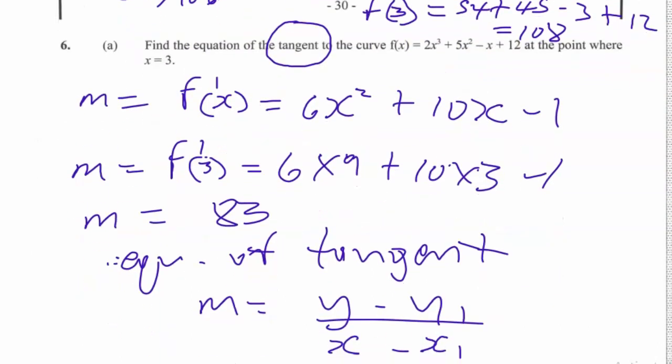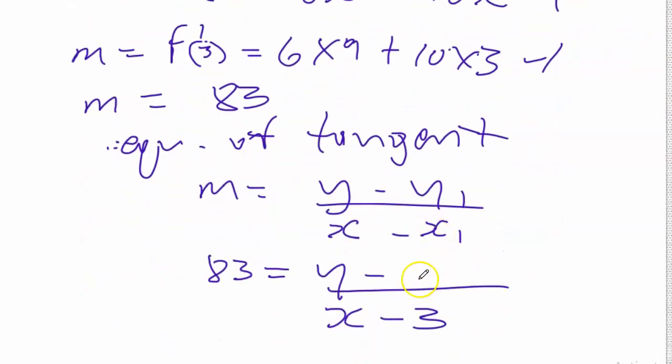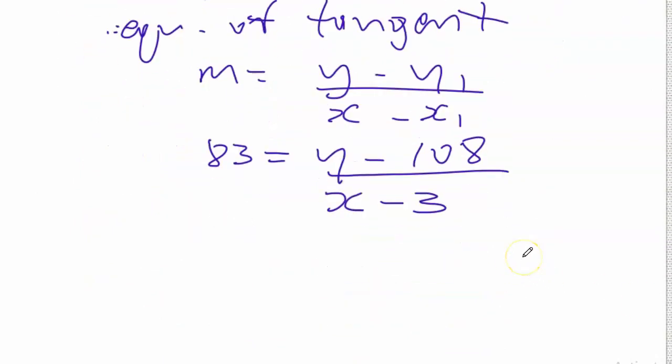Using this formula here. Alright, so x1 is 3, y1 is 108. Can we simplify this? I guess we can cross multiply.